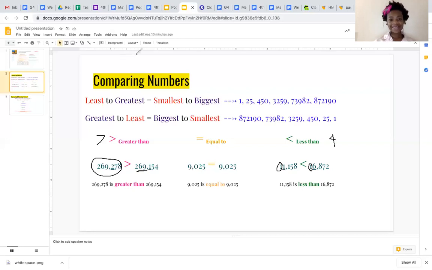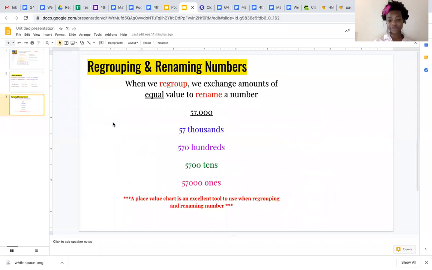And our last big concept that we're going to be discussing and learning about during this week is regrouping and renaming numbers. When we regroup, what we're really doing is exchanging the amounts of equal, I must say equal, because it's important to know and to keep in mind.